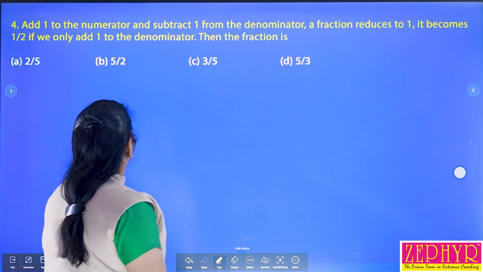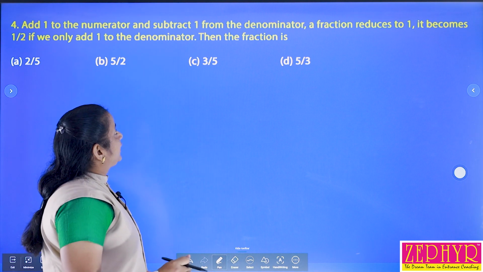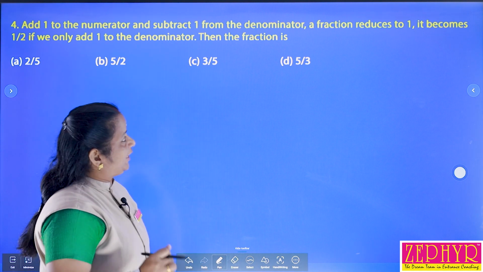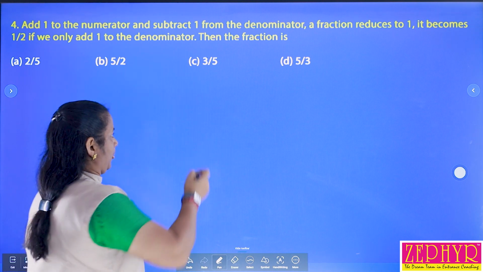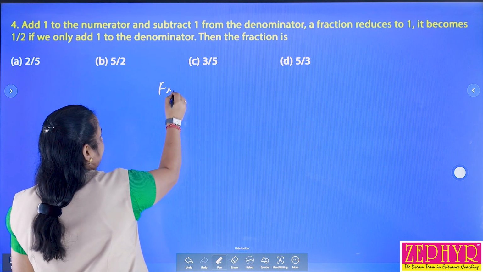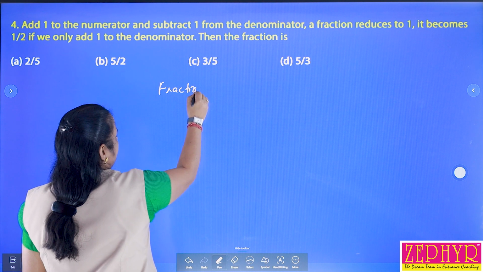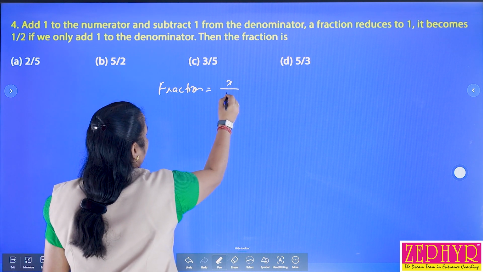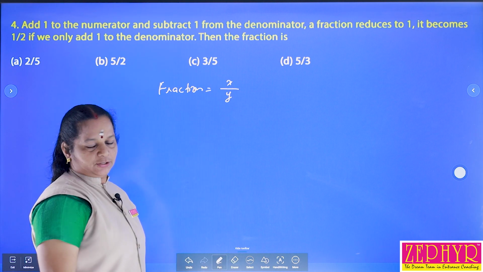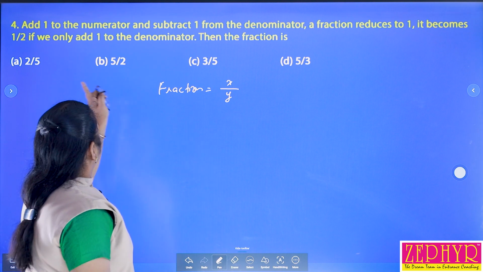Read the question. Add 1 to the numerator and subtract 1 from the denominator of a fraction. So consider or take the fraction equal to x by y. This is the fraction. What is the given condition here?